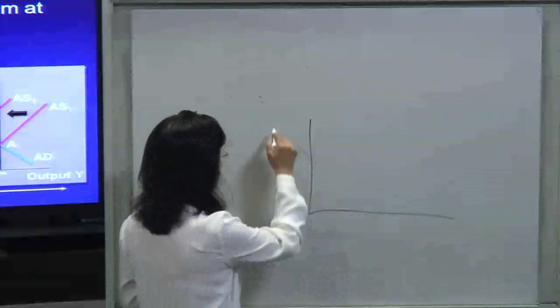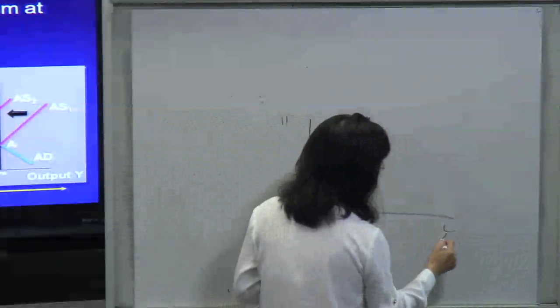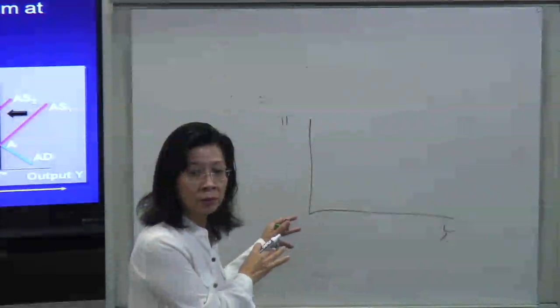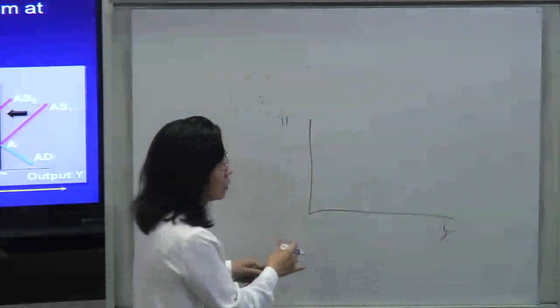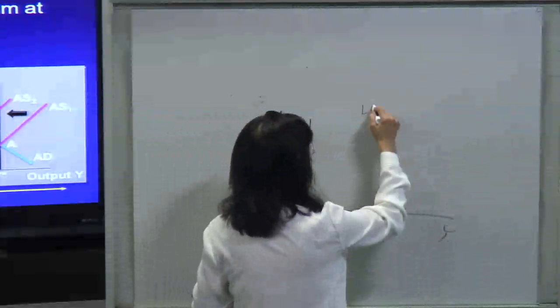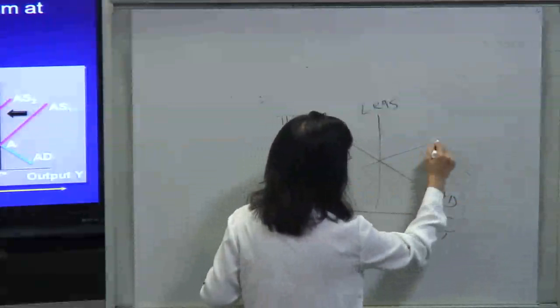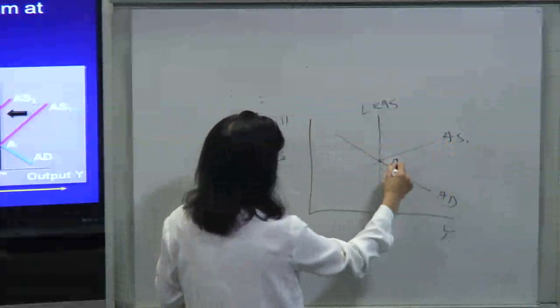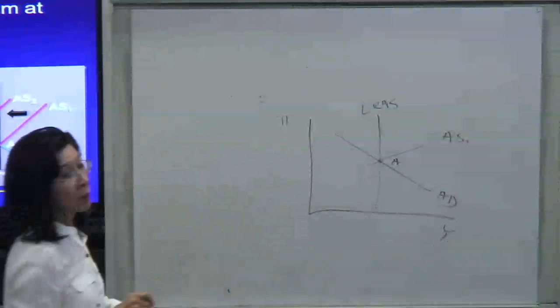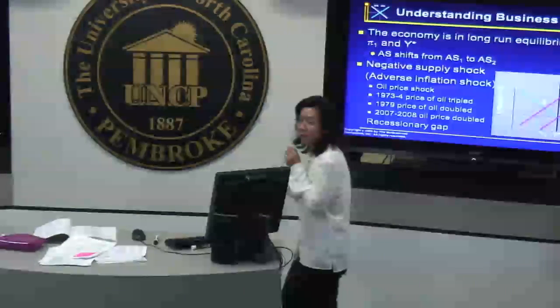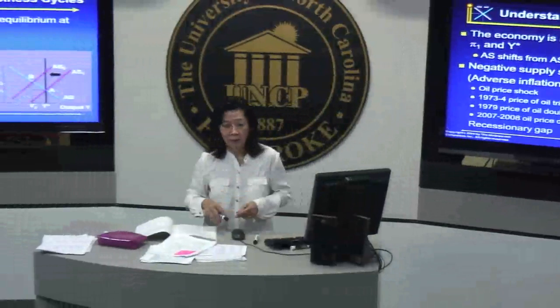If you do not understand the scenario, at least you could do the setup diagram, right? Again, the flag of England, you have LRAS, you have AD, and then you have your AS here, the point A. So now we're gonna move the AS curve instead of AD curve.